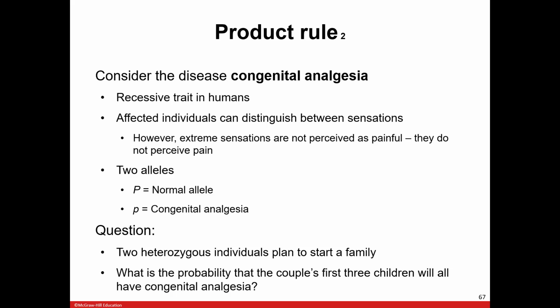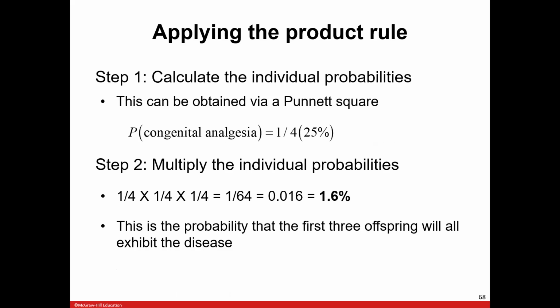So the question here is, 2 heterozygous individuals plan to start a family. This is a recessive trait, so these people being heterozygous means we can call them carriers. What is the probability that the couple's first 3 children will all have congenital analgesia? We could look at a normal Punnett square of 2 heterozygous individuals, and we get 1/4 being double recessive.